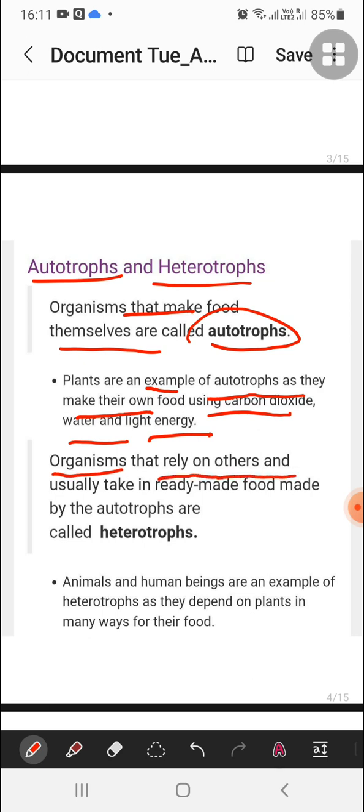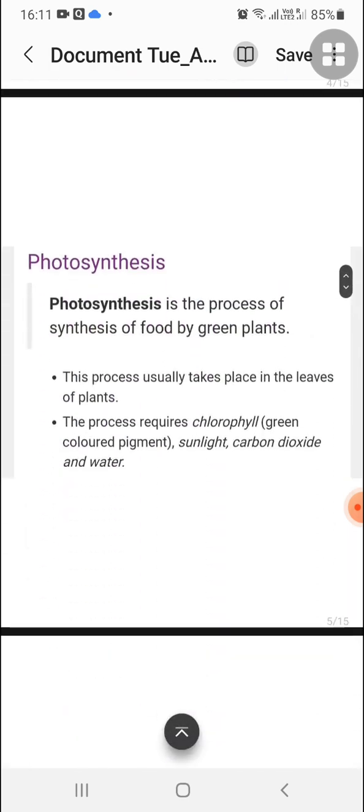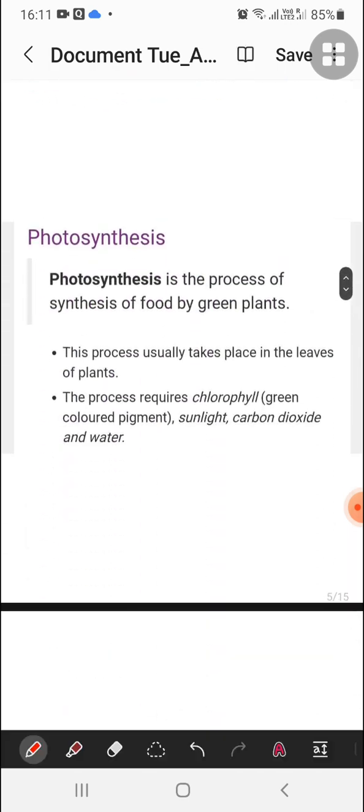Organisms that rely on others and usually take in ready-made food made by the autotrophs are called heterotrophs. Animals and human beings are an example of heterotrophs because they depend on plants in many ways for their food.